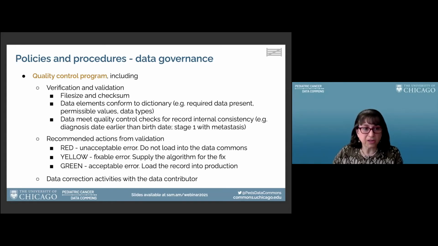This report of the findings is then sent to the data contributor, and there are discussions with the data contributor and the PCDC team to determine the actions to be taken for any of the errors in the data submitted which meet these criteria. Let's take a closer look at this.